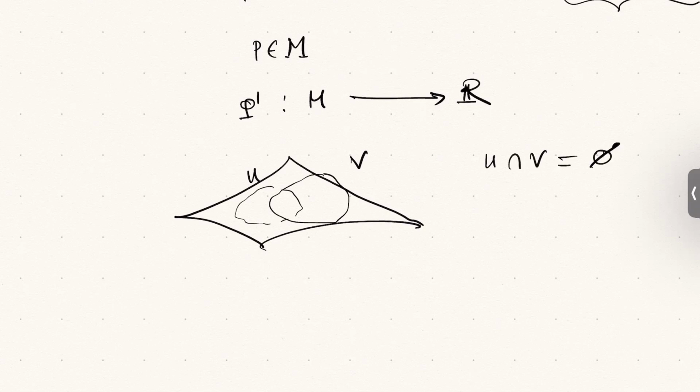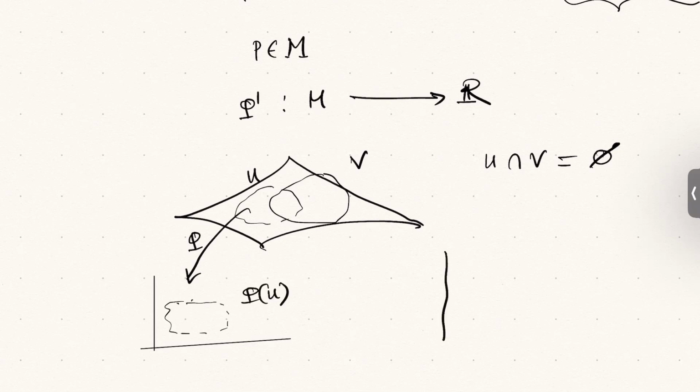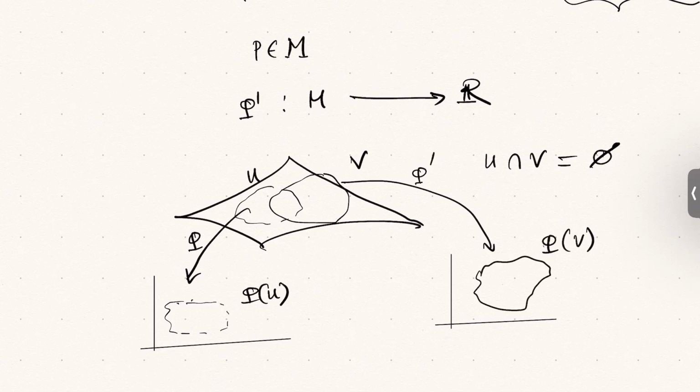For this set U, I know there exists a homeomorphism phi, that means I can map U to phi of U, and also map V by phi prime to phi prime of V. Since phi and phi prime are homeomorphisms, I know there exist invertible maps.